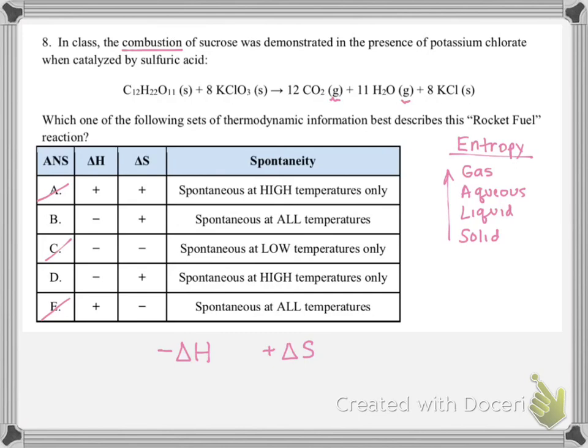So now we need to figure out at what temperatures our reaction is spontaneous. So I'm going to use my delta G equals delta H minus T delta S equation. What I'm looking for is when delta G is negative.